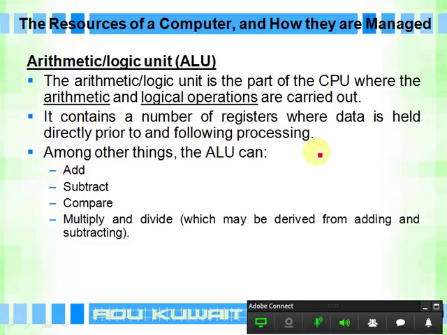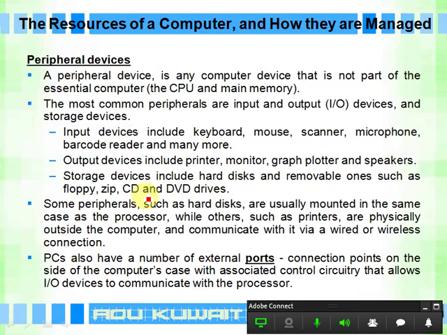It can do all the arithmetic and logical operations, and it contains a number of registers to hold the data it will process. It can do addition, subtraction, multiplication, division. These are the arithmetic operations. Logical operations are comparing, for example whether the first number is less than the second number. These are all done by the ALU.